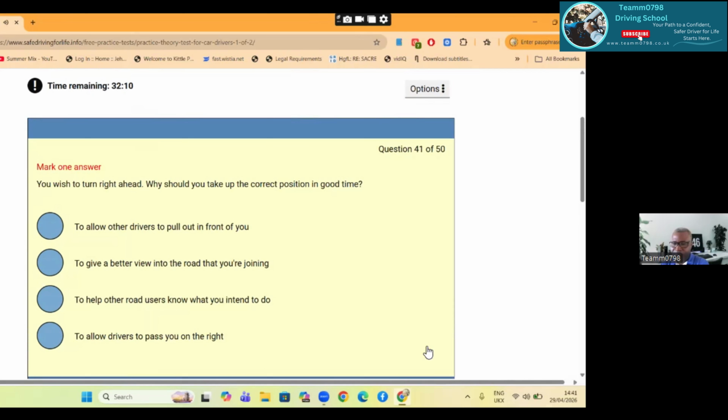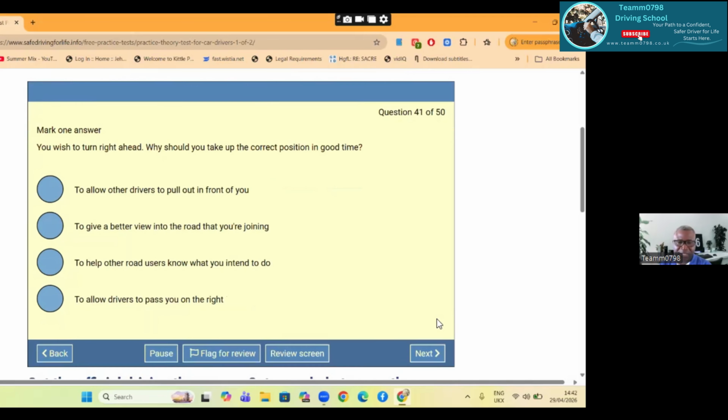Mark one answer. You wish to turn right ahead. Why should you take up the correct position in good time? To turn right ahead, we always need people to predict what we are doing. So the way we position the car at junctions and roundabouts will tell people what we are doing, and we emphasize that with our indicators. We want to let people know in advance what we are doing.